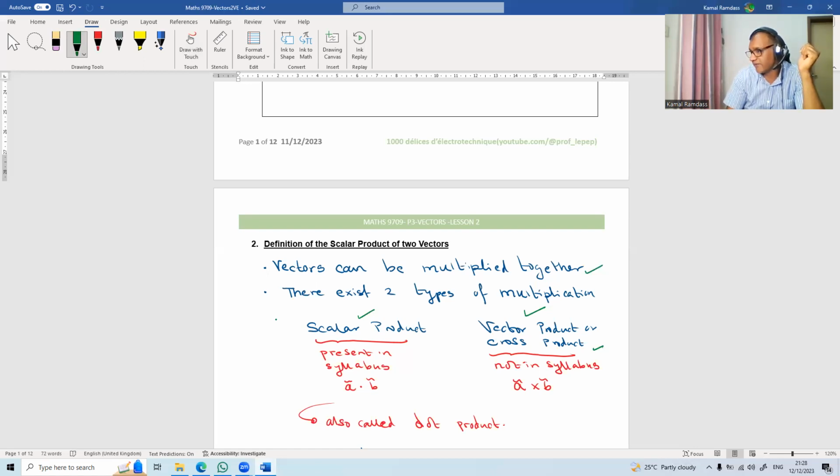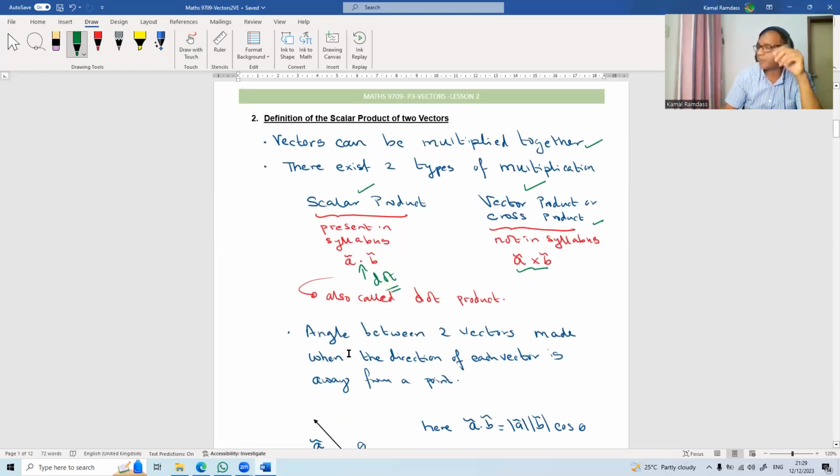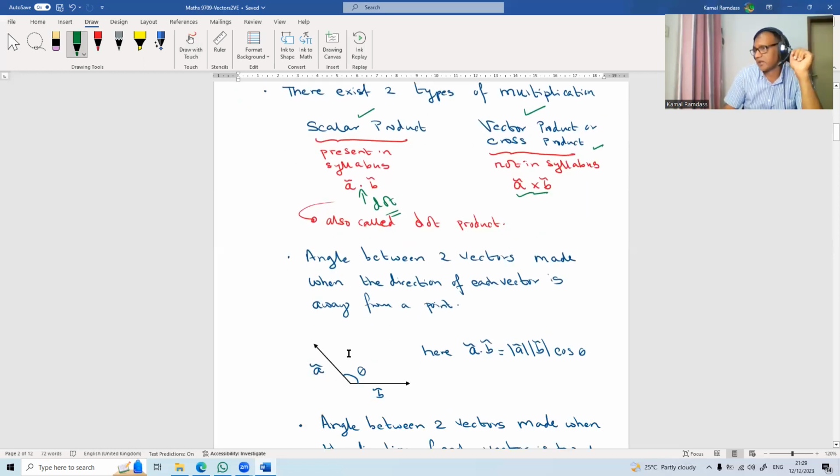So notation, c'est vector A, multiply and cross, et vector B, ce qu'on appelle cross product. Par contre, le scalar product, nous vous dire the dot product, A bar dot B bar. Et ça, c'est the notation for the scalar product of two vectors, ou bien the dot product of two vectors.